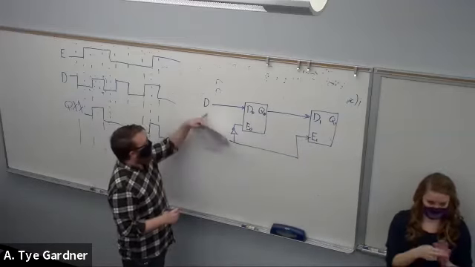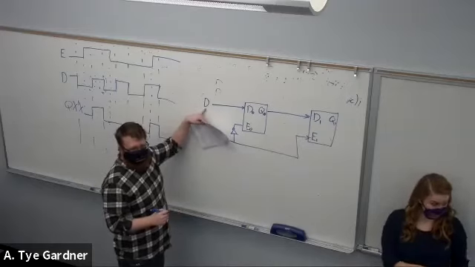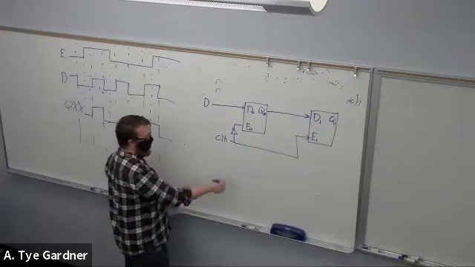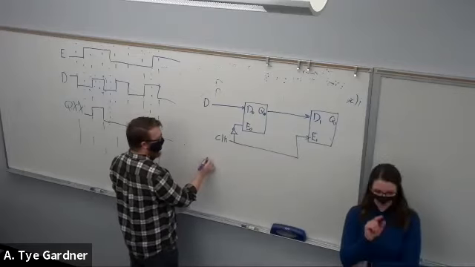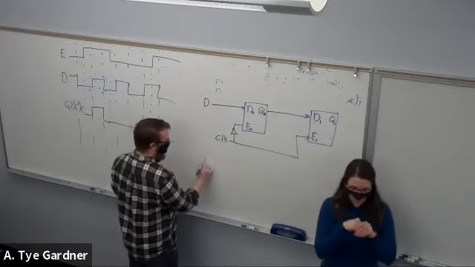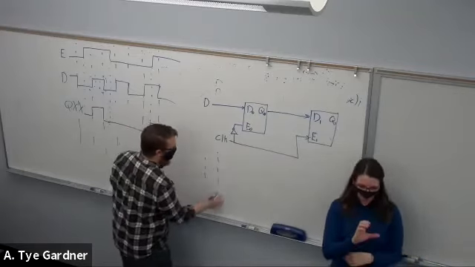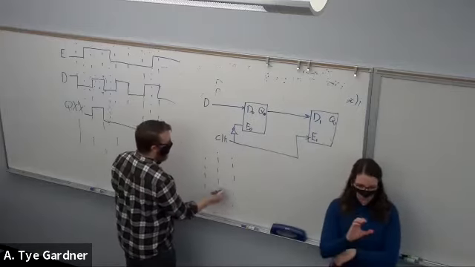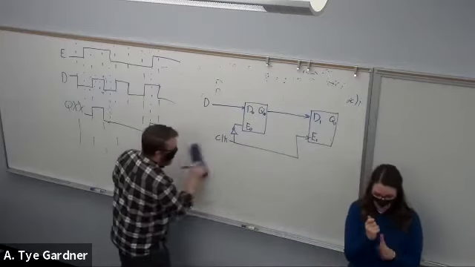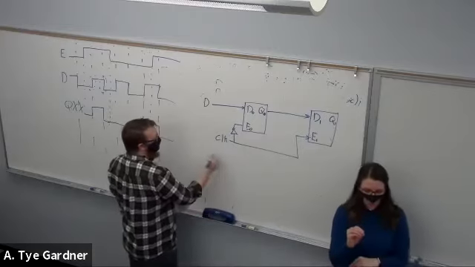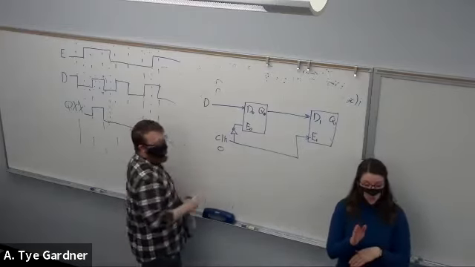Now, data is going to come in here, and let's say that my clock, I'll start with the 1-0 notation. It's probably a little easier. So let's say my clock starts at 0.